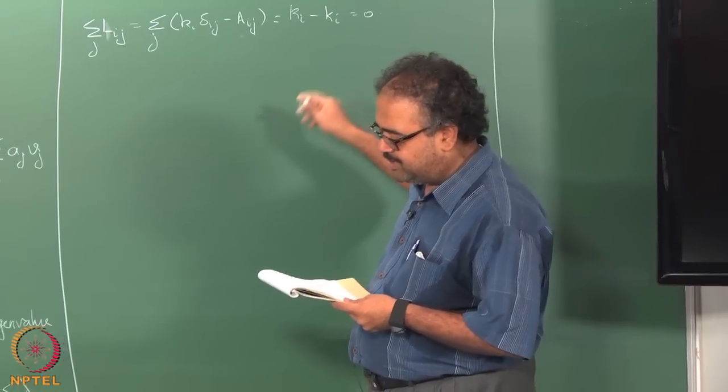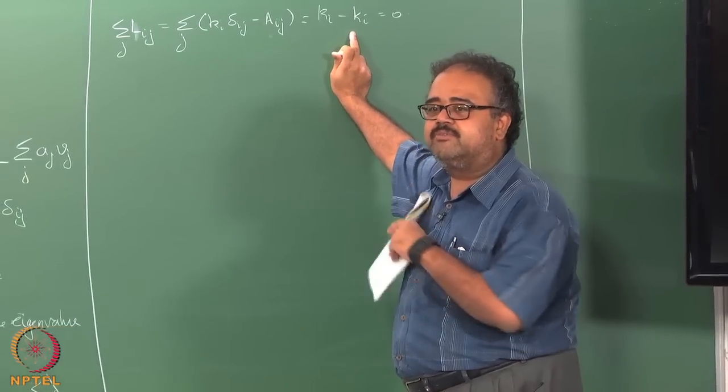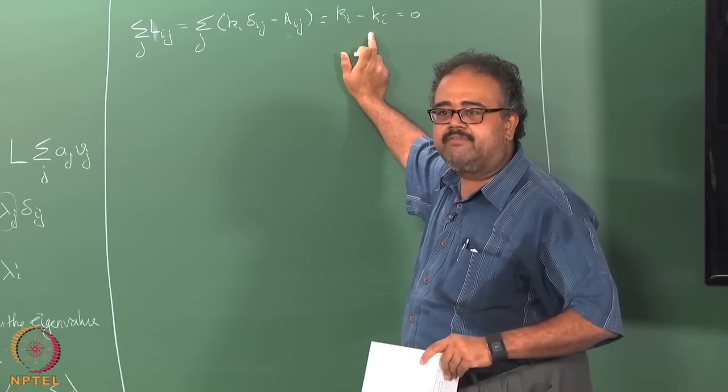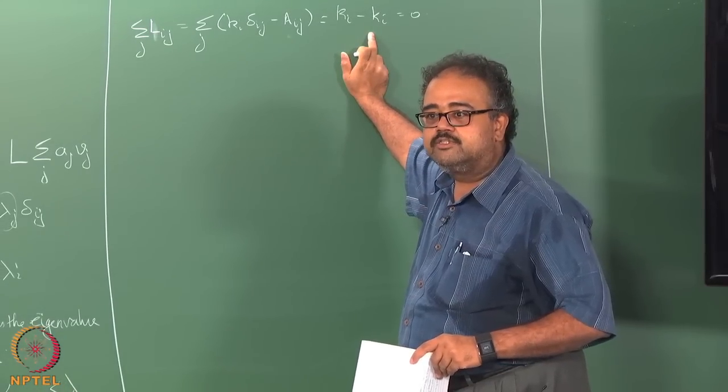Great. So now what does this really mean? The fact that the row sum is 0, what does it mean? All 1 is an eigenvector with an eigenvalue of 0.